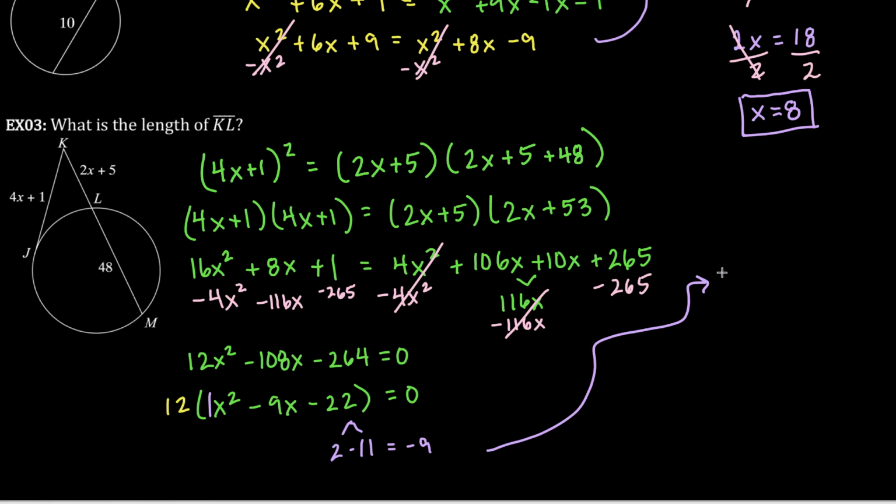I end up with 12 times x plus 2 times x minus 11 equals 0.